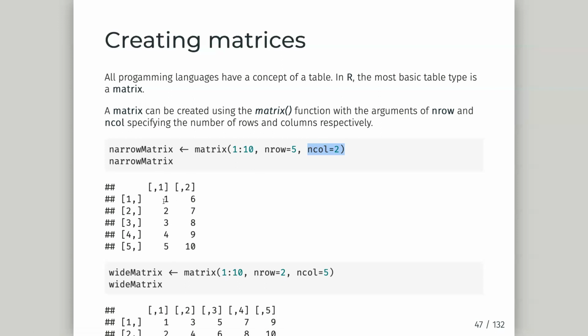By default, it's going to populate it first by column. So it does the first column, puts the first 5 numbers, and then the second column gets the next 5. By default, we can change this. We can also create a wide matrix exactly the same way. Here I'm just going to put 2 rows, 5 columns, but it does the same thing.